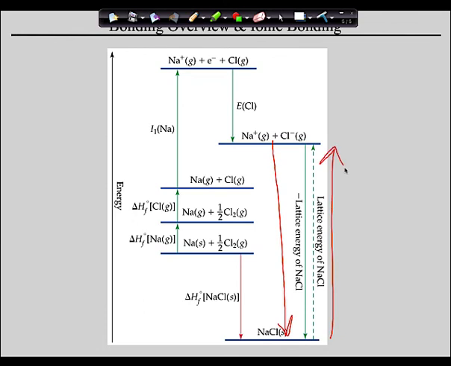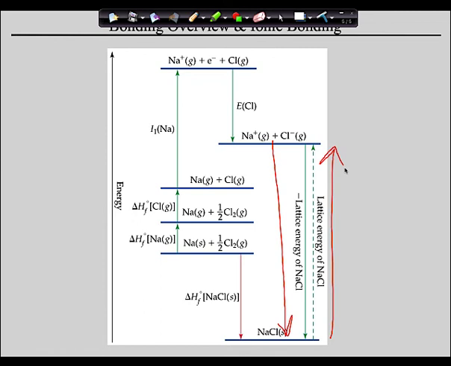But isn't that the same? The amount of energy that's released when the lattice is formed is equal to the amount of energy that's taken in when the lattice breaks apart. So the bottom line is that the numbers hold true. The magnitudes hold true. We're just looking at them through the lens of lattice destruction rather than lattice creation.